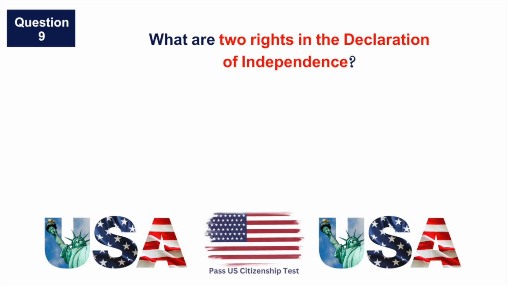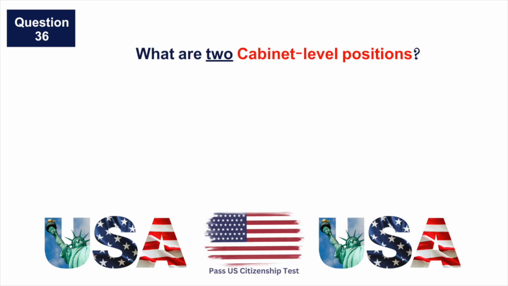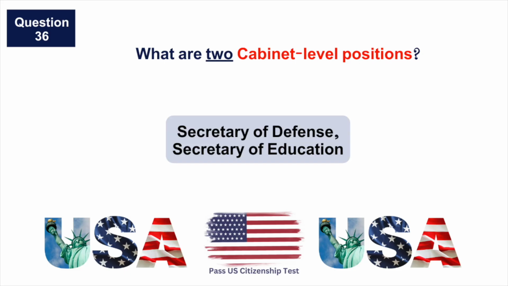What are two rights in the Declaration of Independence? Life, liberty. What are two cabinet-level positions? Secretary of Defense, Secretary of Education.